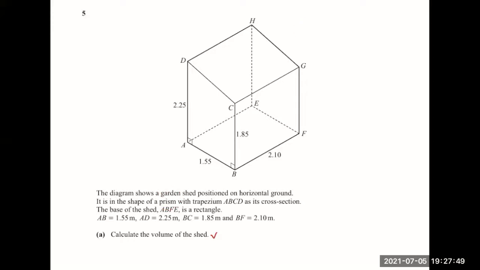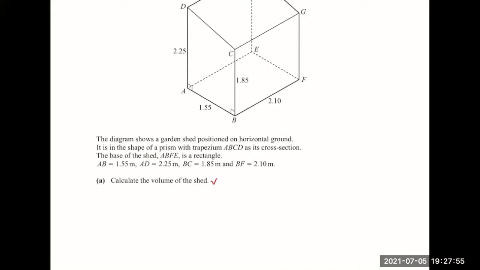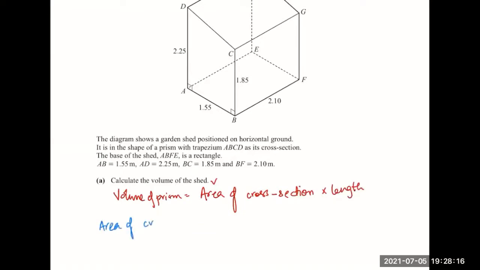Okay, if it says volume of a prism, and the cross section is a trapezium, so I'm going to say that the volume of prism is area of cross section into length. Okay, let's talk about area of cross section first. It's a trapezium.